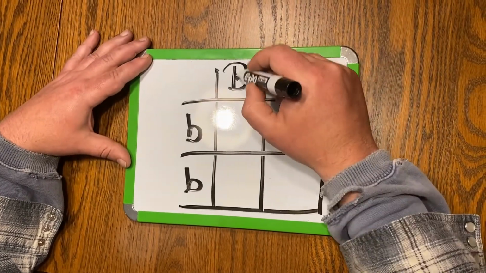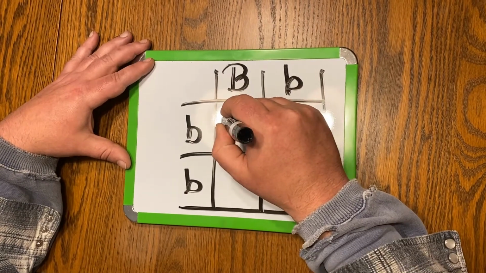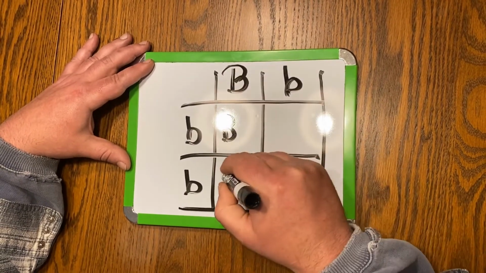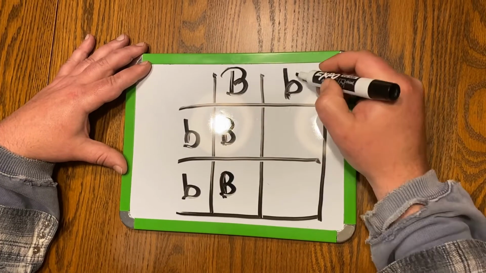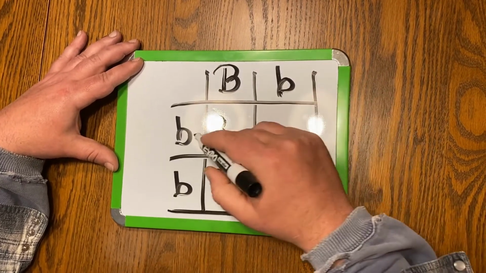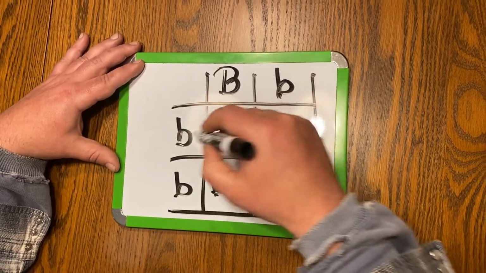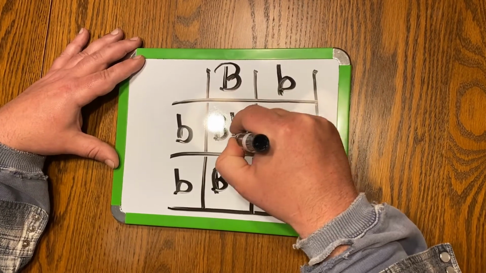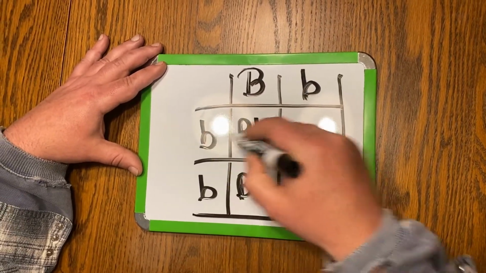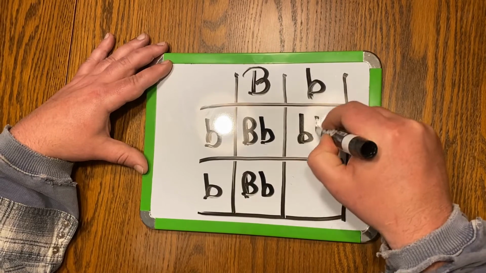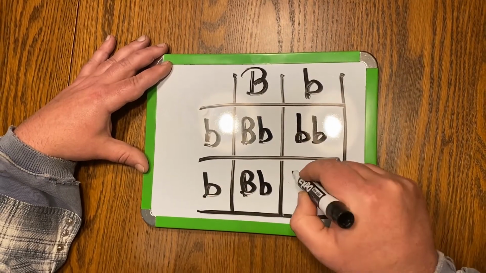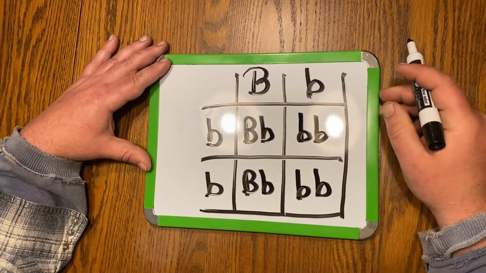So the big B, we're going to do that one first because it goes front. Big B comes down, big B comes down. Okay. Little b, it comes down and it meets. Well, we'll finish this one first. So little b comes over, and this little b comes over, and two little b and a little b, those all come over. And here you go.